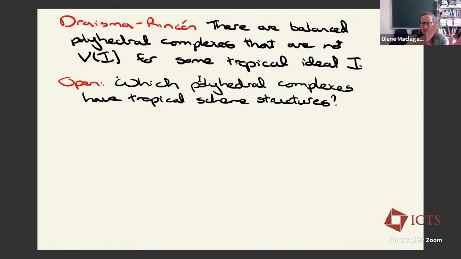So there's something between all balanced polyhedral complexes and tropicalizations of varieties, perhaps, that have tropical scheme structures, which are the things we should really think about. But other than knowing that it's not everything, we know very little about which polyhedral complexes have tropical scheme structures.